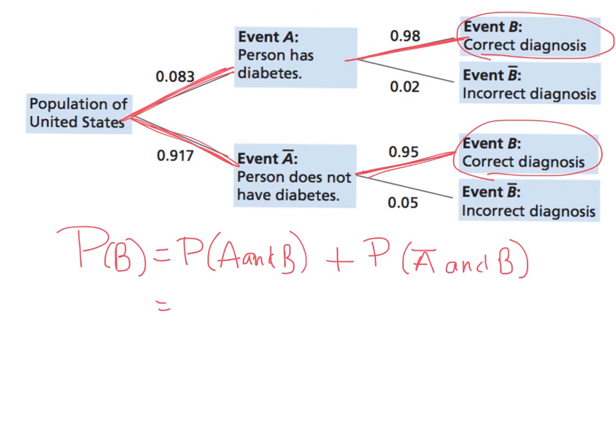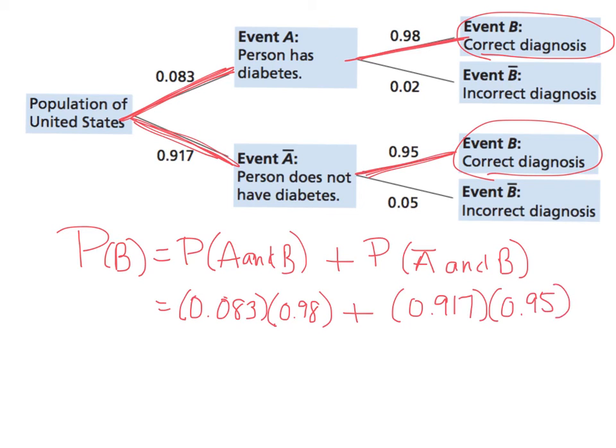So what is the probability of A then B? Well, you're going to take 0.83 times 0.91. Or, I'm sorry, 0.083 and then 0.98, so 98% multiplied by 8.3%, plus A bar, which means 91.7% of the population, so 0.917, multiplied by B, which is the correct diagnosis of 0.95.